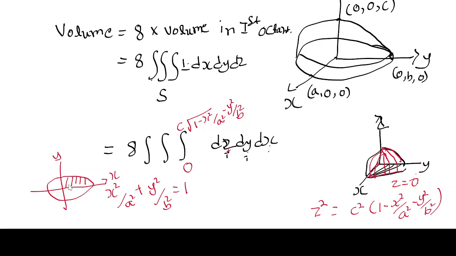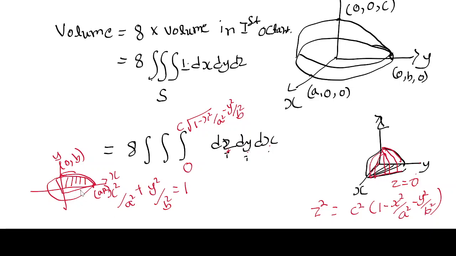Now I have to write the limits for this integrating region. In this region, this point is a comma 0 and this point is 0 comma b, and this is the equation of the ellipse, x square by a square plus y square by b square is equal to 1. Now, we have to write the limit for y.